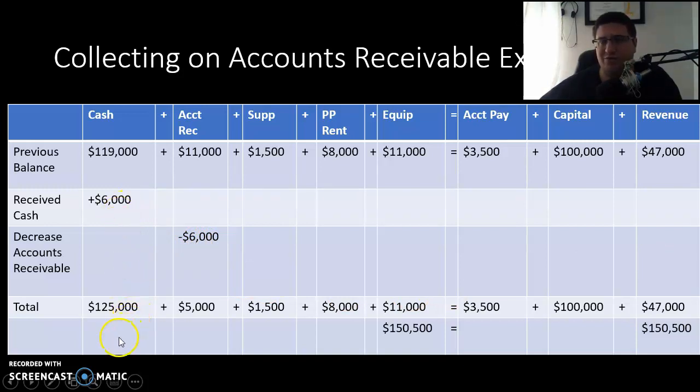And remember, your accounts always have to even out. Debits equal credits. Remember that. So we still have accounts payable. You still owe $3,500. You still have your capital. Your revenue right now is $4,700 that you've made into the business. Your accounts receivable is 11, and they paid 6, so they owe 5 still to you.